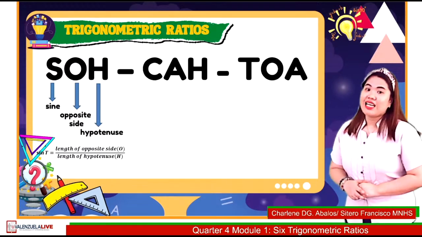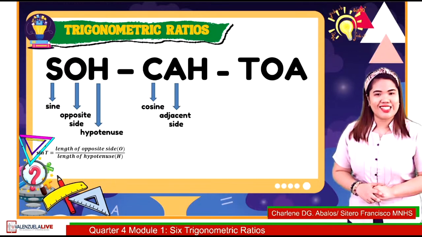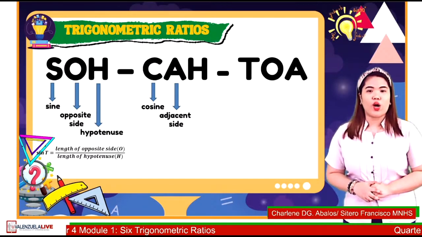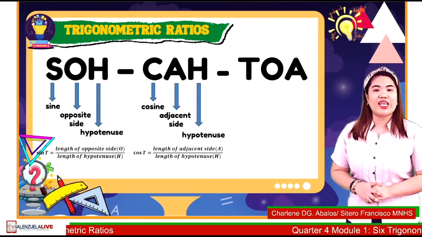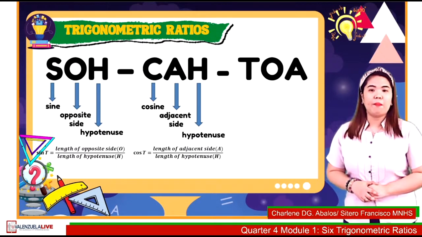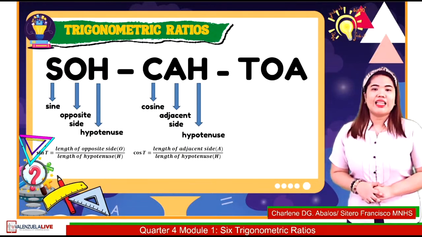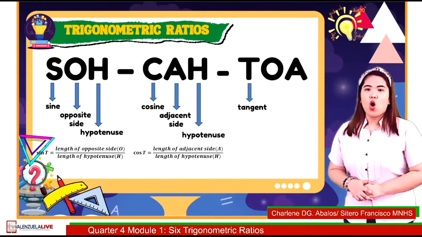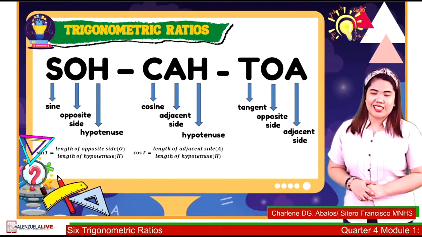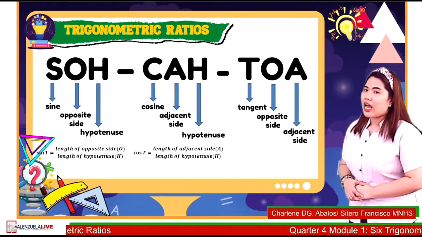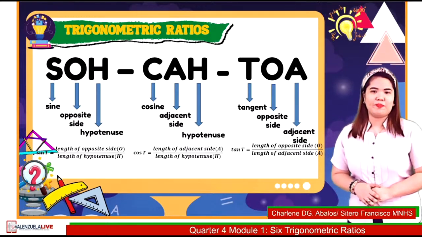Moreover, C stands for cosine, A stands for adjacent side, and H stands for hypotenuse. This cosine theta is equal to adjacent side over the hypotenuse side. Next is TOA. T stands for tangent, O stands for opposite side, and A stands for adjacent side. This tangent theta is equal to opposite side over adjacent side.